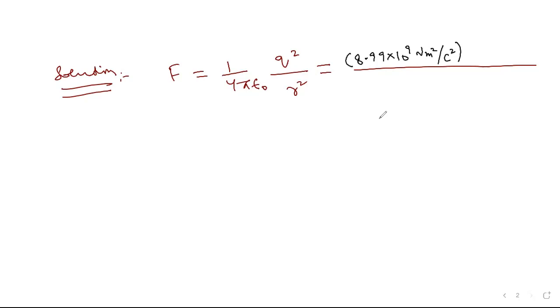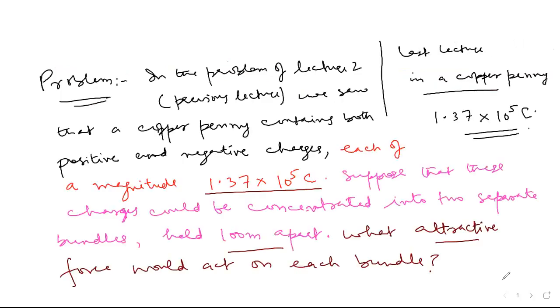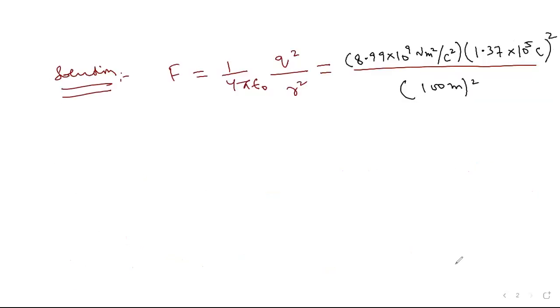This is the value of the constant. Then I have to put the value of charge 1.37 into 10 raised power 5 coulomb. Then square it. Then I have R, which is given 100 meter, and square it.